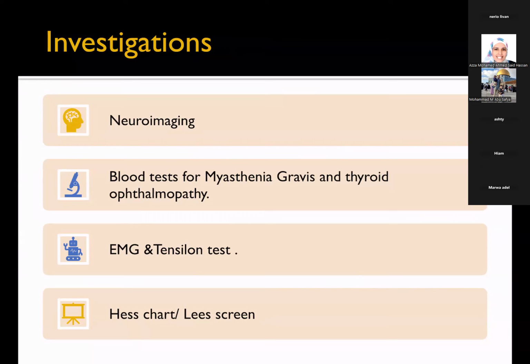And our special investigation that we have to pass through today is the Hess chart or Lees screen. Both of the tests come with Hess charts. The report comes as a Hess chart report. We will explain more about this test because it's really specific to our job. Maybe the other systemic investigations are related to the neurologist more than us.